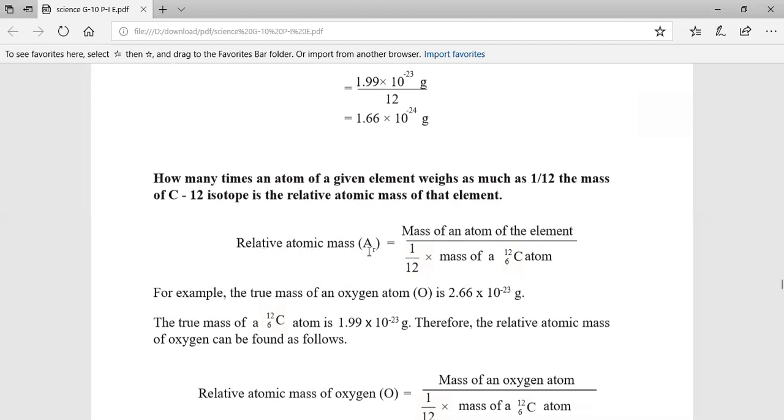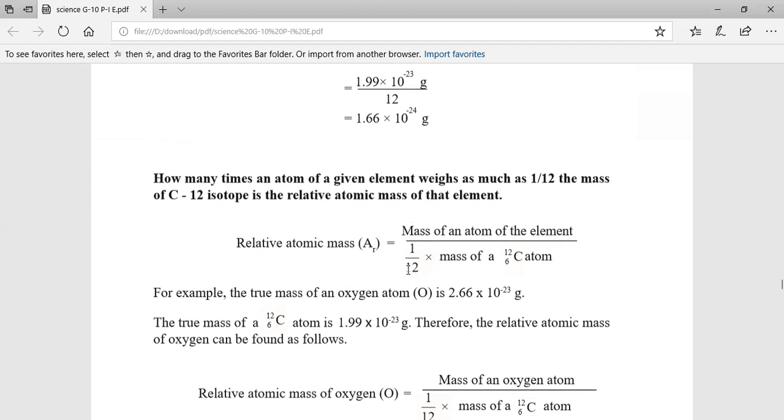What is the equation? Relative atomic mass, symbol Ar, equals the mass of an atom of the element in the upper part. This is the true mass they have given to us.